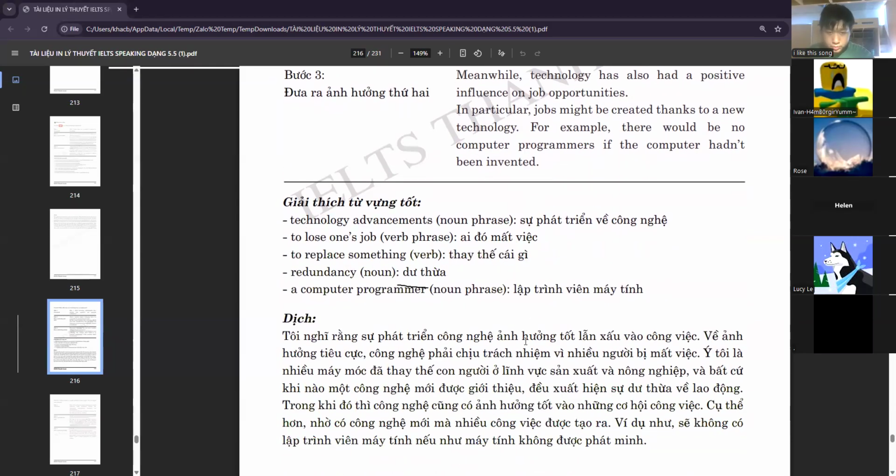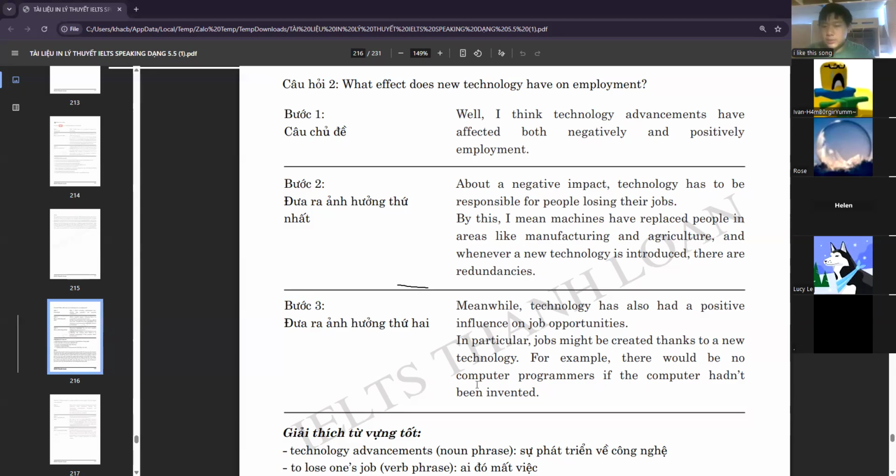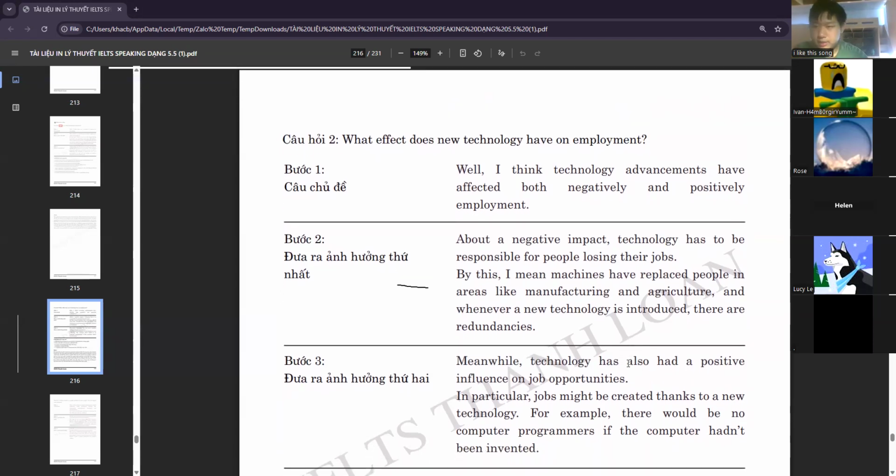Now, as for the ideas here, new technology and employment rates. For the problems on effects, as I have already discussed, try to connect both of the things that they're asking for.